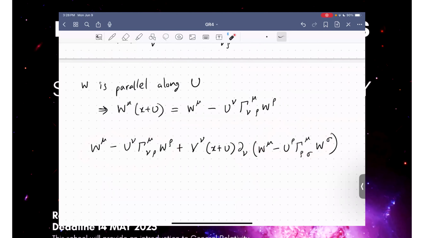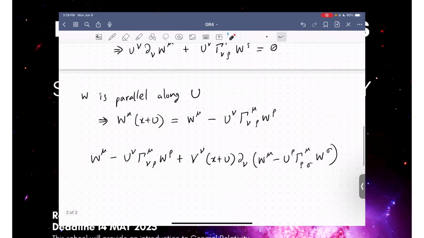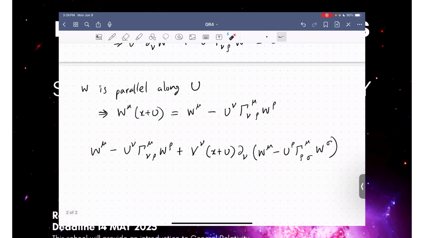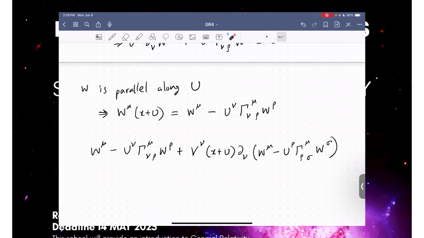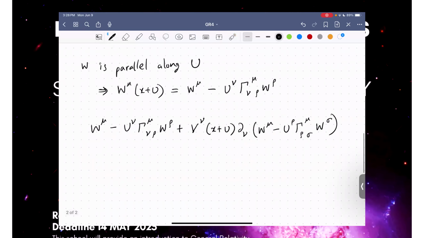Okay. And as I was saying, this is true for any vector field, but if the vector field is being parallelly transported, then you can replace this partial derivative by the action of the Christoffel symbol. So let's do that. So this equality only holds when things are parallel.